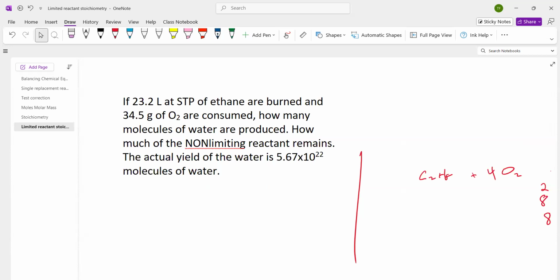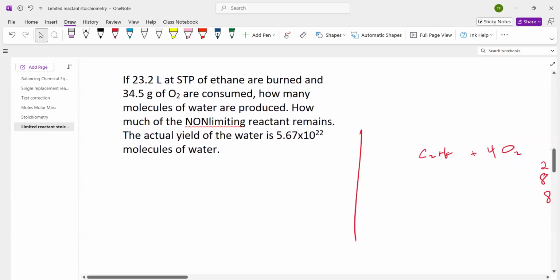And I want to know how many molecules of water are produced. And then we want to know how much excess we have of the non-limiting reactant. And I want to know the percent yield. Okay, so it's going to be 5 more calculations.